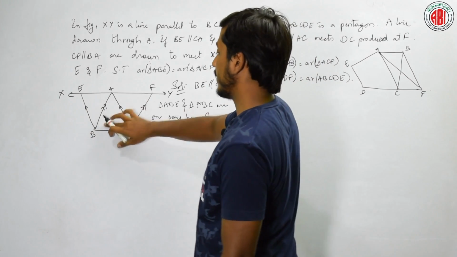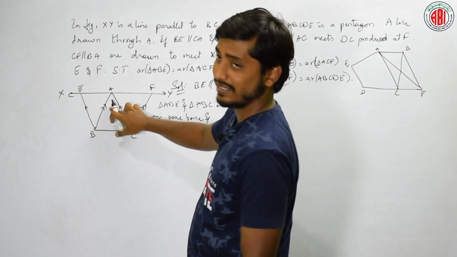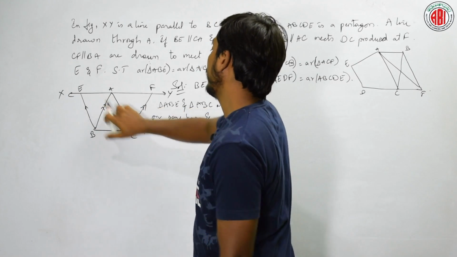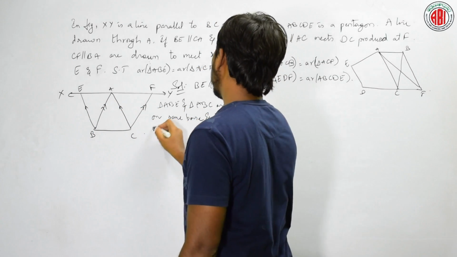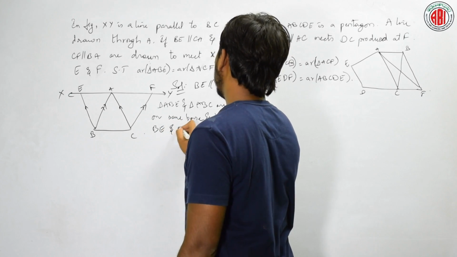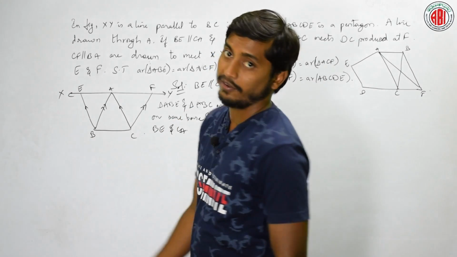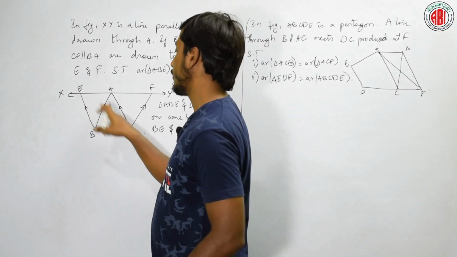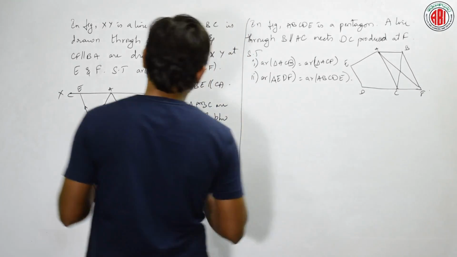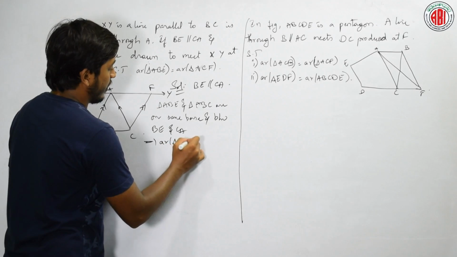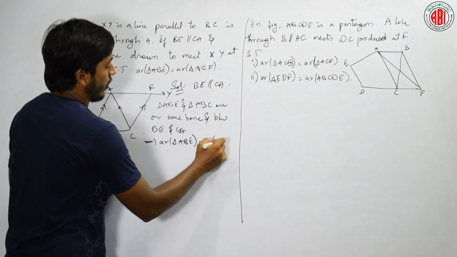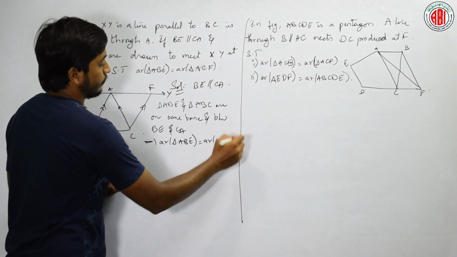They are on the same base, that is we can consider AB as the base, and they are between two parallel lines, that is BE and CA. Therefore, the areas of these two triangles are always equal, that is area of triangle ABE is equal to area of triangle ABC.